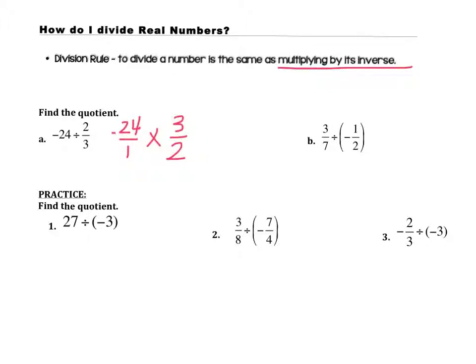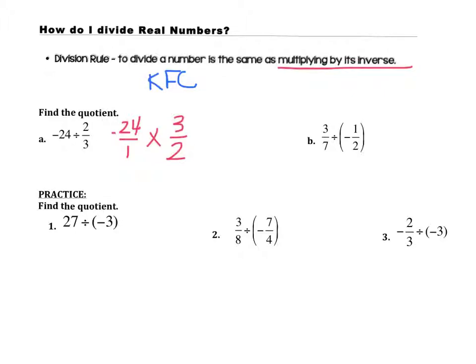You might remember this from past years, the KFC. We'd keep the first, which is negative 24 all over 1. We'd flip, which is the inverse, and then we change the sign from division to multiplication, the KFC.